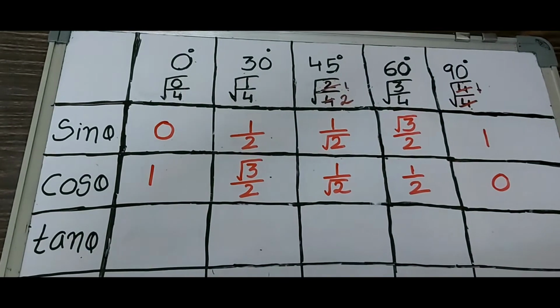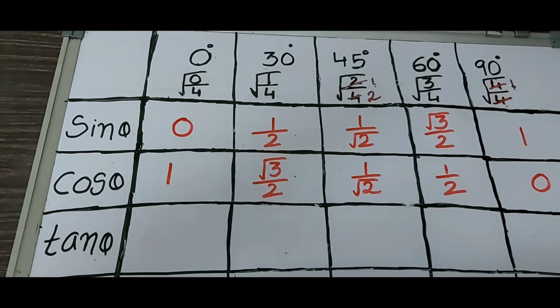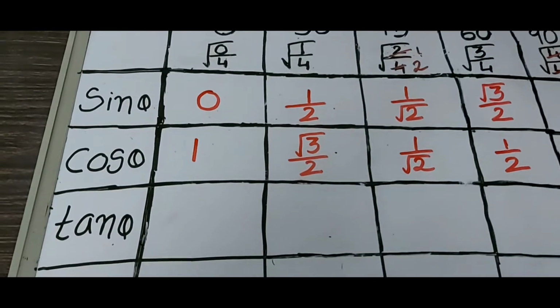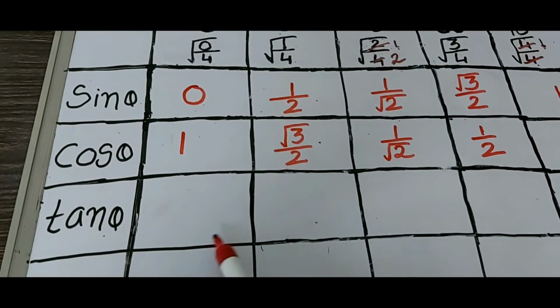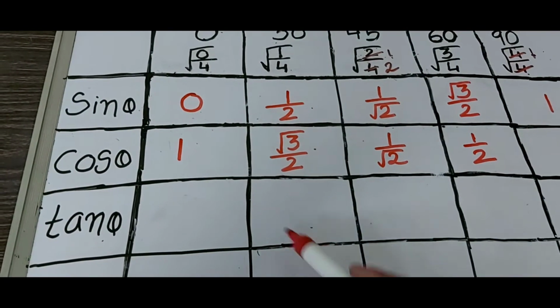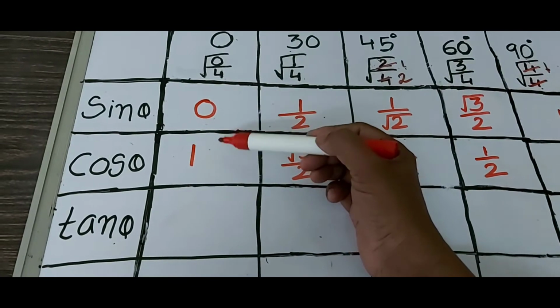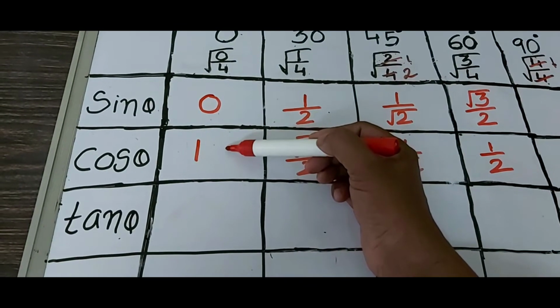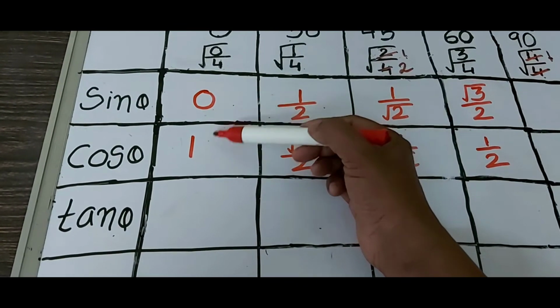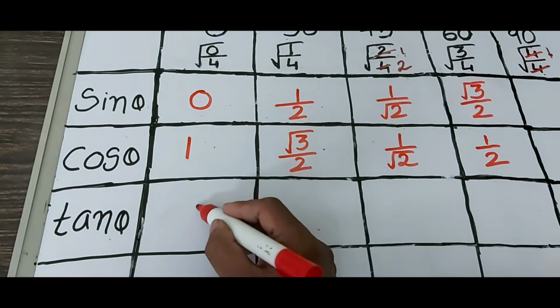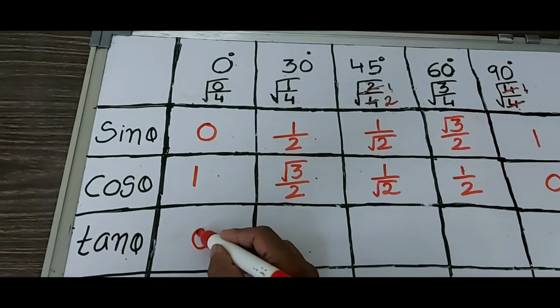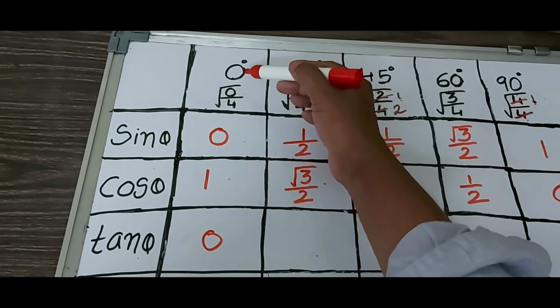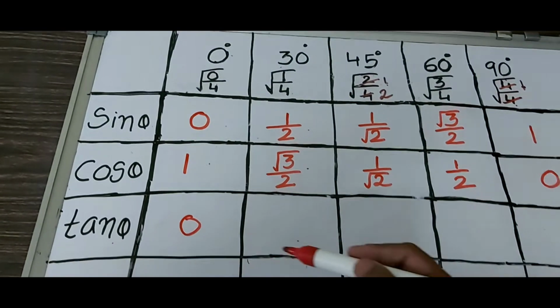Tan theta is sin theta by cos theta. To get tan values, we need to divide sin and cos values. So 0 by 1 is 0. So tan 0 is 0.